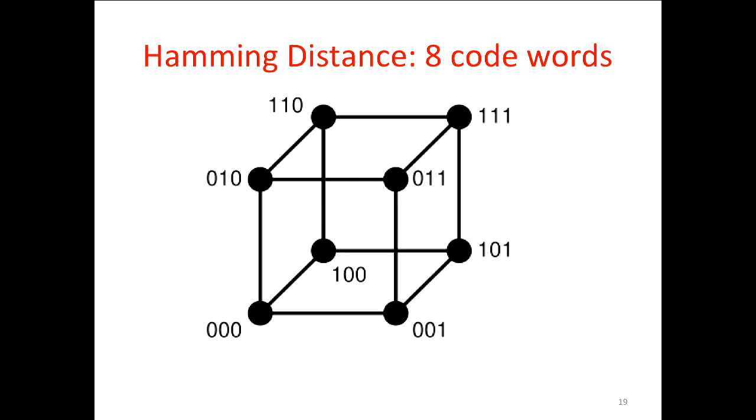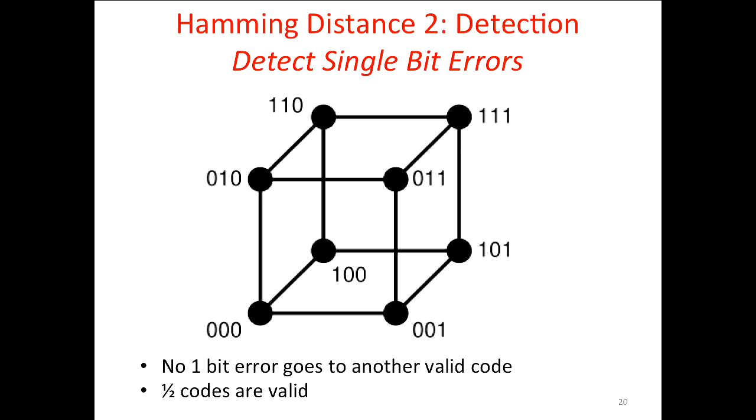So let's just work through an example. This is showing you a 3-bit code, drawn as a cube where each vertex is some combination of those 3 bits. There are 8 combinations of 3 bits. If you just want to detect single-bit errors, you can have half of these combinations be valid data. So you can store 2 bits of data, 4 combinations.